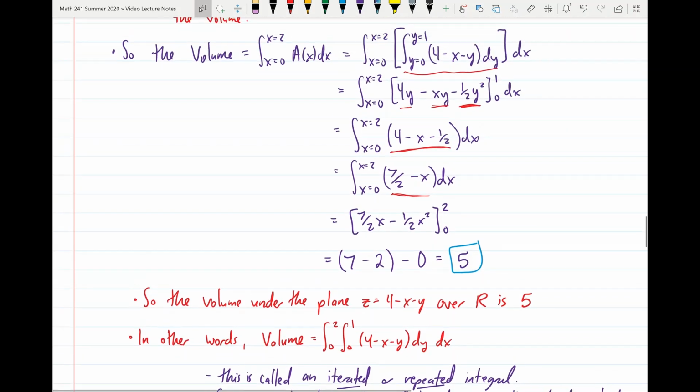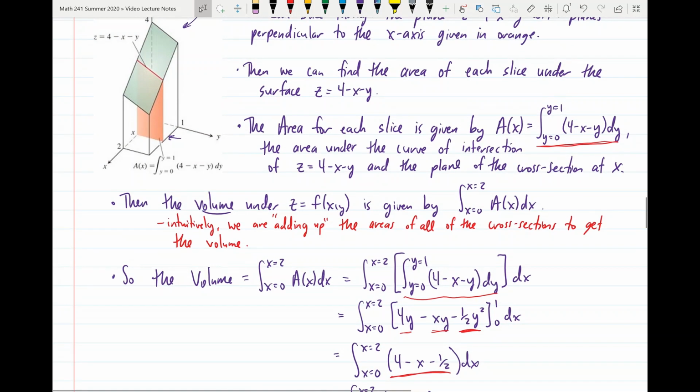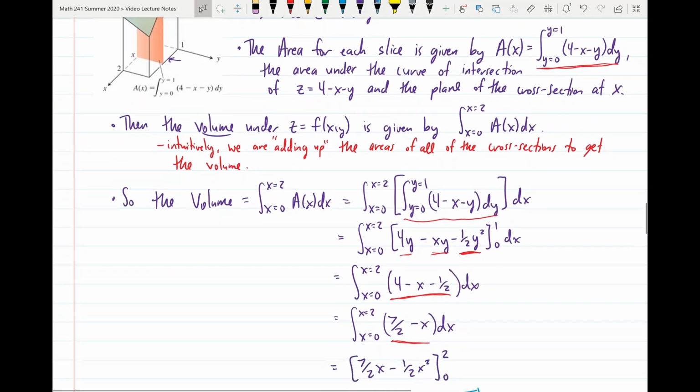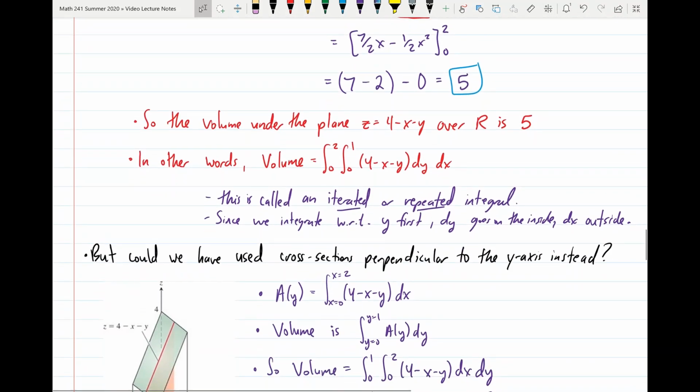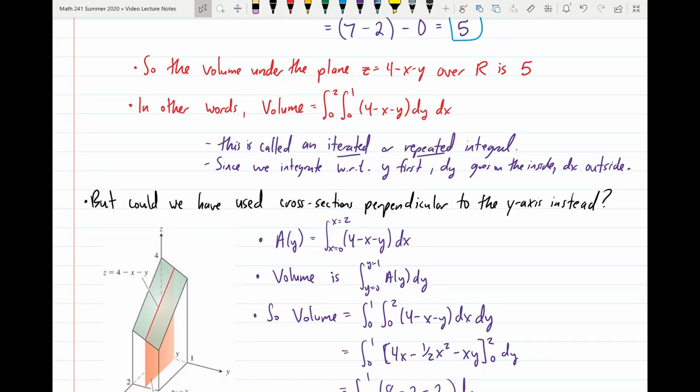So ultimately, the volume under this z equals 4 minus x minus y over the rectangular region where x is between 0 and 2 and y is between 0 and 1 is 5. In other words, the volume will just be equal to this iterated integral, where we have the integral from 0 to 2 of the integral from 0 to 1 of 4 minus x minus y dy dx.